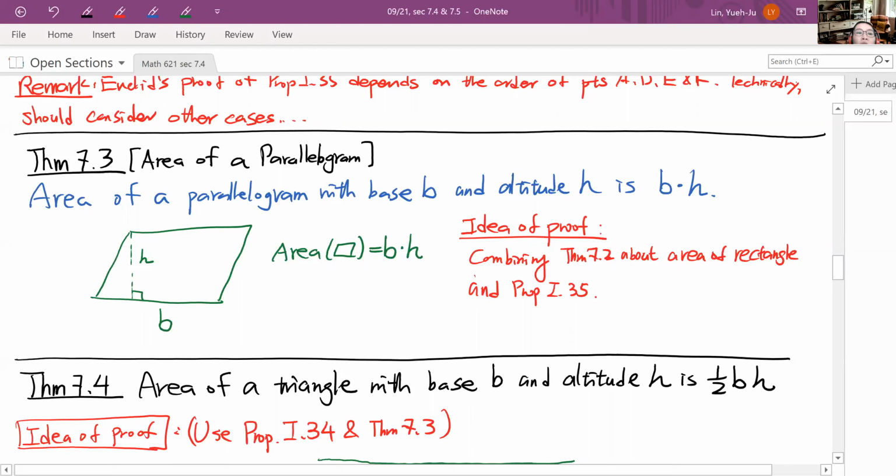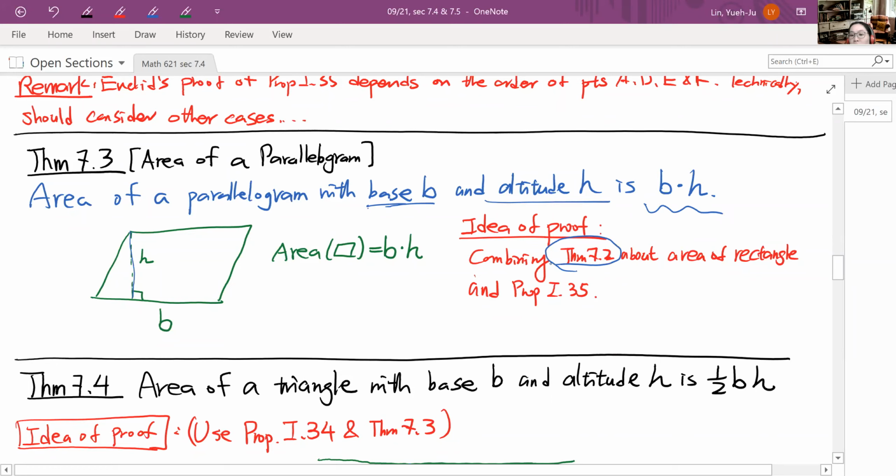Okay, so theorem 7.3. I'm not going to prove it, but I can tell you that it's a combination of the results that we already knew. We can prove that the area of a parallelogram with base B and height h is B times h. And how do we derive this fact? If you have a picture like this with base B and a height h, the idea of this proof is combining theorem 7.2.